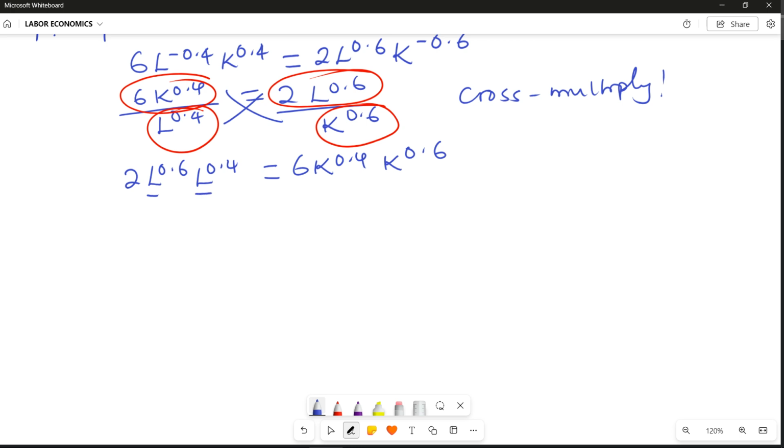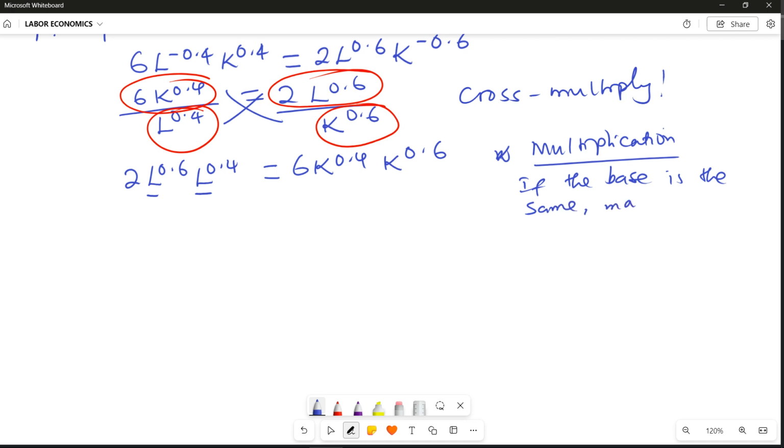So let me write this: under multiplication, if the base is the same, maintain the base and add the powers, so this comma 1, very important.